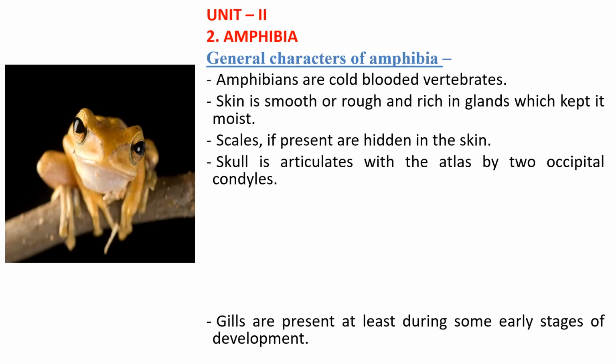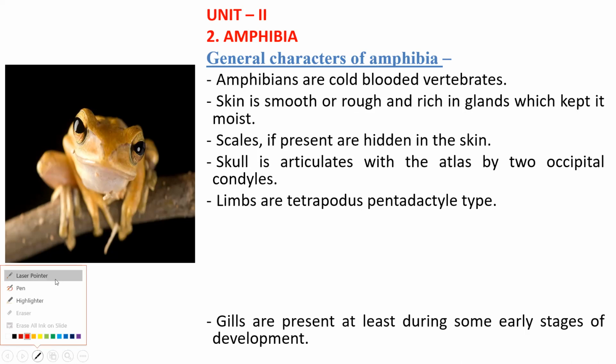Then the skull articulates with the atlas by two occipital condyles. If you see the structure of the skull, it articulates with the atlas by two occipital condyles. Then the limbs are tetrapodous pentadactyl limbs, forelimb and hindlimb.